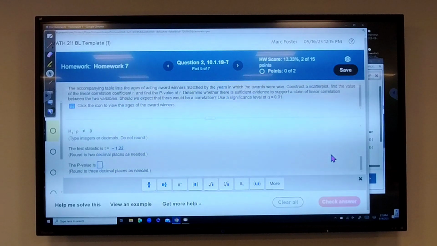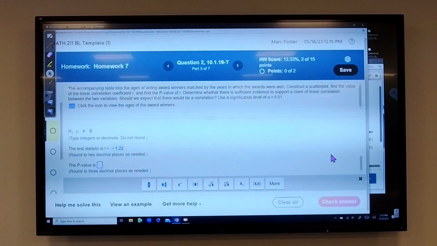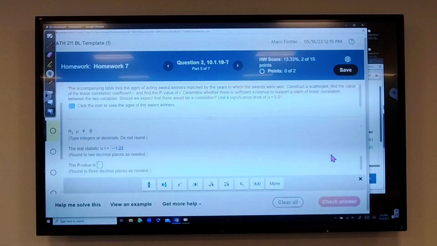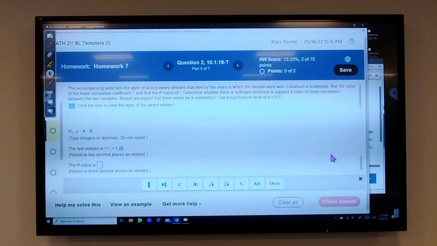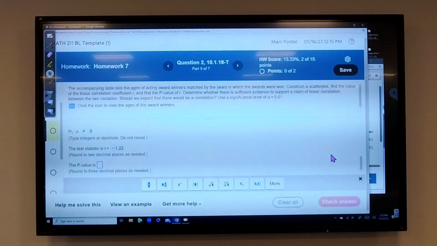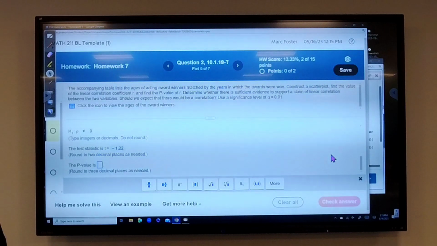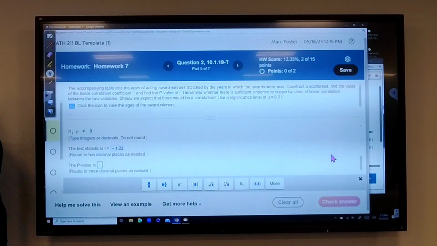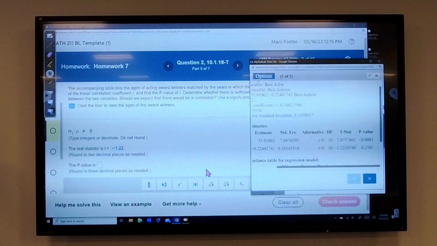Is that 2 decimals? P-values rounded to 3 decimal places. .250.